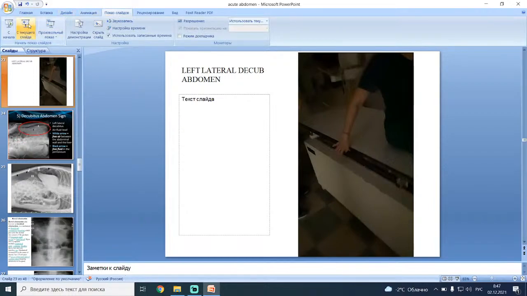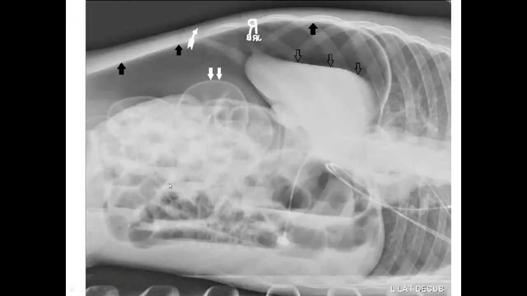And now I show you the next slides, where you can see these lateral decubitus methods. On the right side you can see the liver, and in the upper side you can see the free gas inside the abdominal cavity.